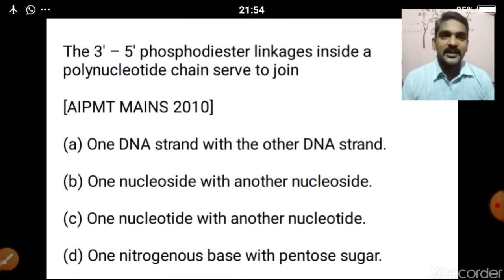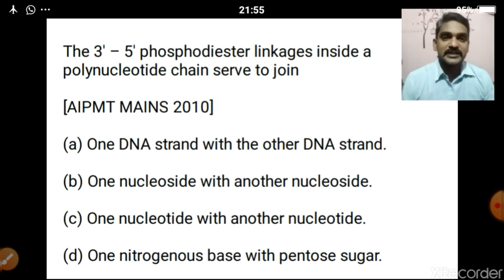Here you can see the 3' to 5' phosphodiester linkages inside a polynucleotide chain. So many nucleotides will be joined together to form a polynucleotide chain. So 2 polynucleotide chains together give the structure of the double helical DNA.